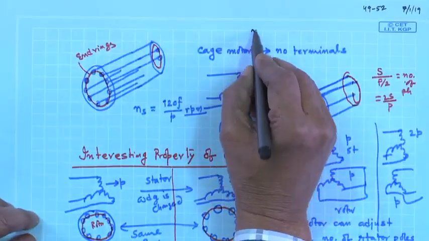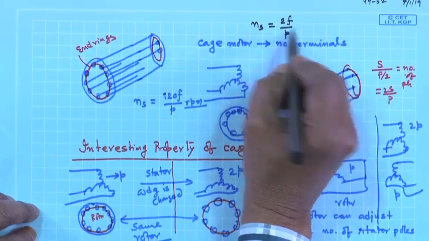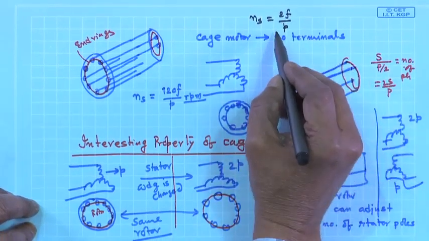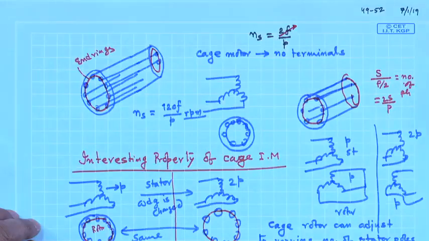You can change the supply frequency to any value you like. Therefore, the synchronous speed of the machine is f by p. Nowadays, do not touch p. What is the point of having another winding? The synchronous speed of the induction motor can then be changed through f by p.